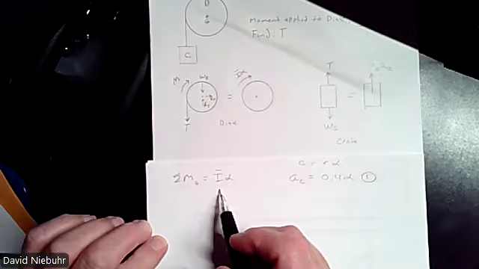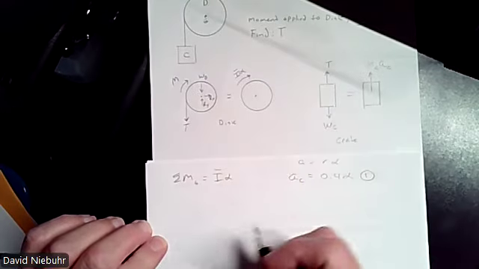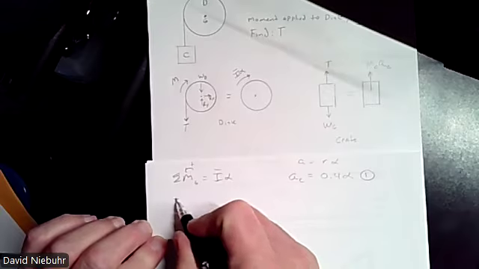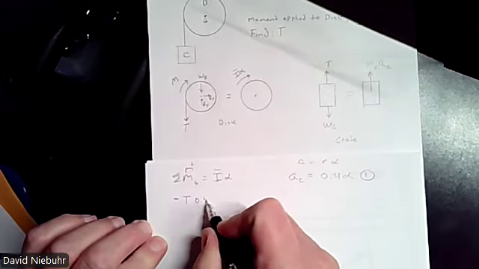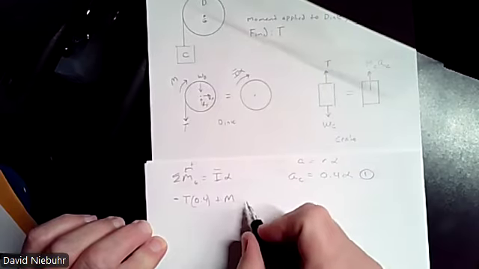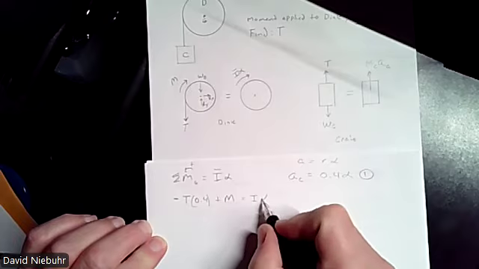So if we sum the moments about G, what do we get? Assuming counterclockwise is positive, we get negative tension times 0.4 plus the moment that's applied equals I alpha.